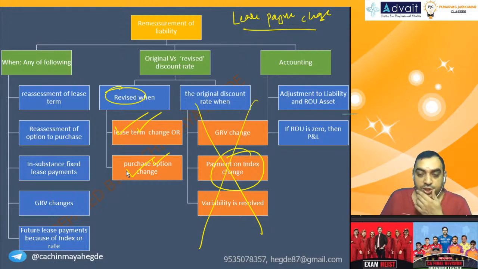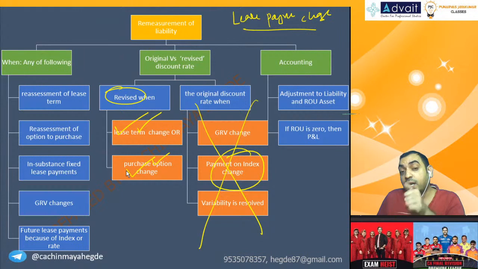Future lease payments changes because of index rates. Could you explain? Is it only say inflation index change? Yes, inflation change, LIBOR rate change, population growth change. Any index change, that is change in lease payment, but that is in lease reassessment, that is measurement, original rate.